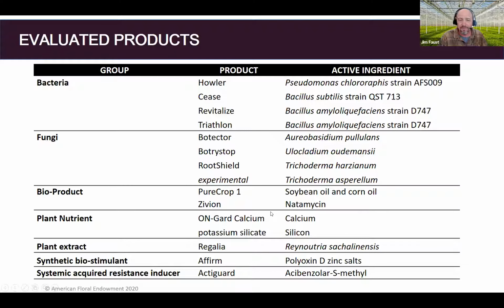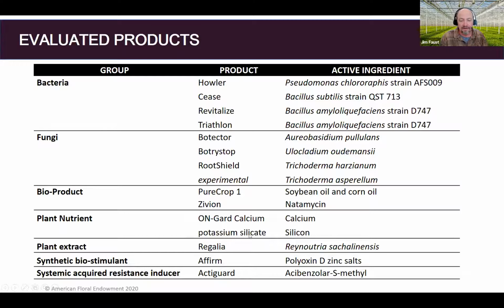You're probably familiar with our work on calcium, and so we have added a different form of calcium that is considered organic, where it is a calcium ion that's been attached to a protein molecule. So it's basically a different form of calcium that can be applied.